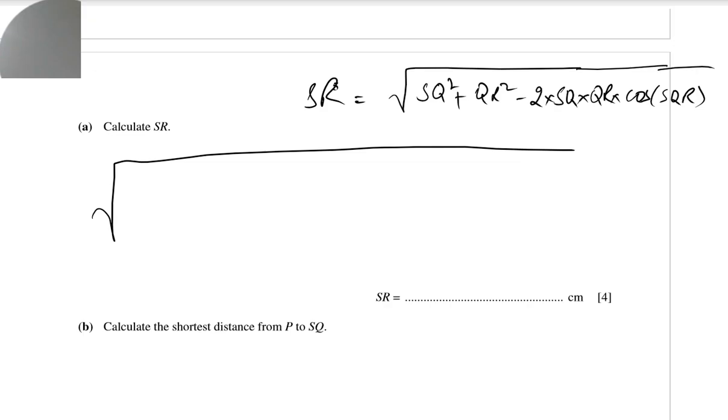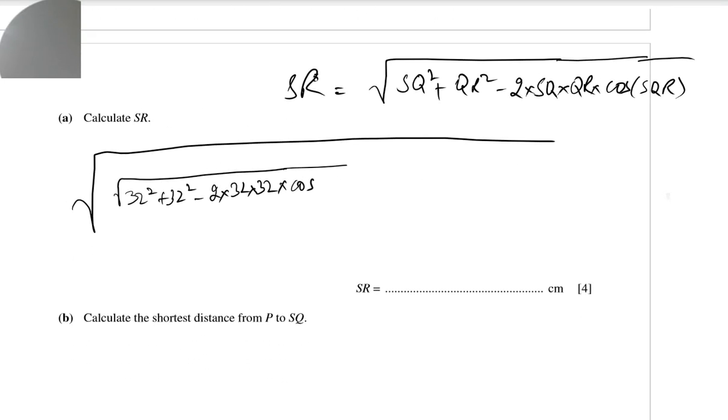So SQ would be the square root of 32 squared plus 32 squared minus 2 times 32 into 32 into cos of 56, and square.